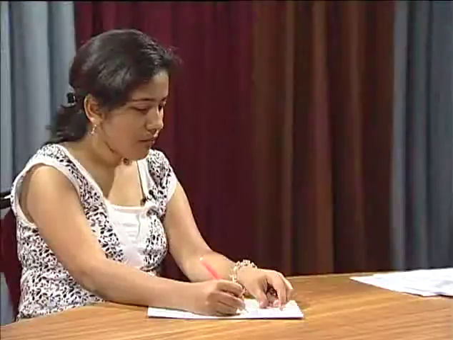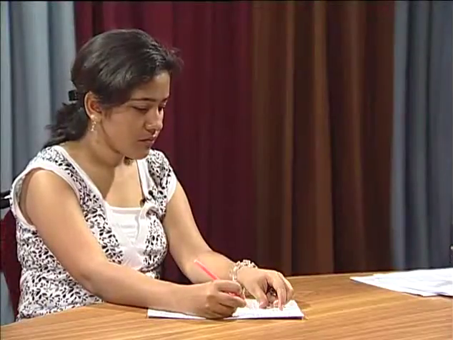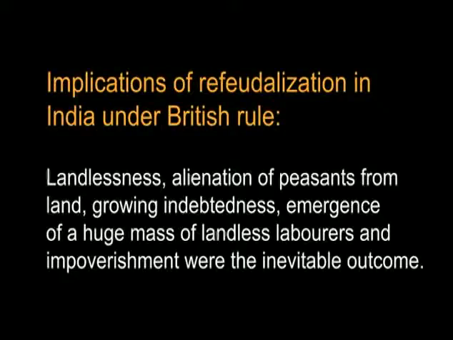As a matter of fact, the colonial rule re-established feudal relationships, though on a new basis. The basis was not the same, but it was a new type of refeudalization of the Indian agricultural scene. And the main outcome, of course, was landlessness, alienation from land, indebtedness, emergence of a huge mass of landless labor force, and impoverishment of the basic masses.